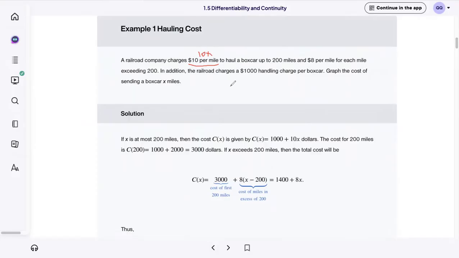That's how much they charge to haul a boxcar up to 200 miles, and $8 per mile for each mile exceeding 200. In addition, the railroad charges a $1,000 handling charge, a constant, a one-time charge per boxcar. So graph the cost of sending a boxcar x miles. All right, so how do we graph this?